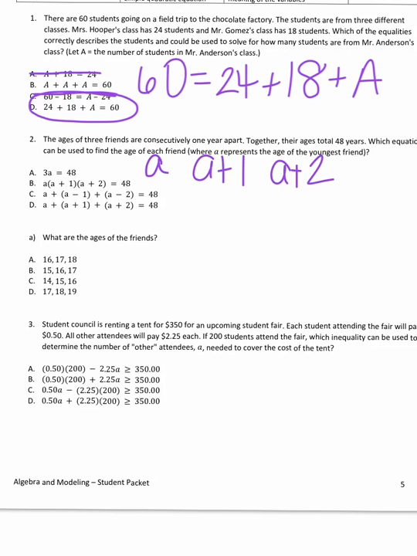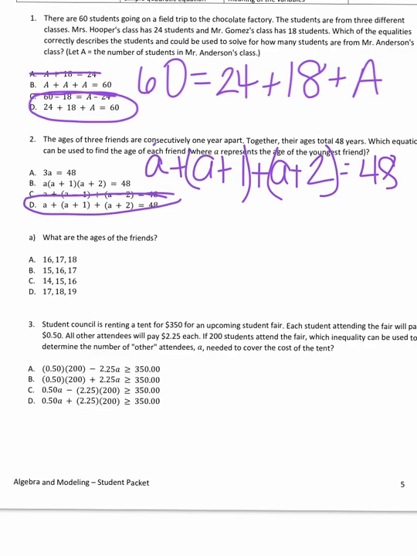And that's all 3 friends. When you add them up, they say the total is going to be 48 years. So I have to add and add. Now, which one looks like that? So all they did was put parentheses around this, which you do not have to do because it's addition, but it is D. Now then it asks, what are the ages of the friends?